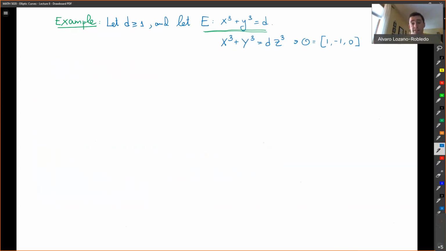I'm not going to say exactly how to do it, but I'm going to give you a couple of references on how to do this in general. So it turns out there is a way to put this in Weierstrass form. It is of genus 1, and there is a map from E to some E hat given by, let me put it also in projective coordinates, this one.